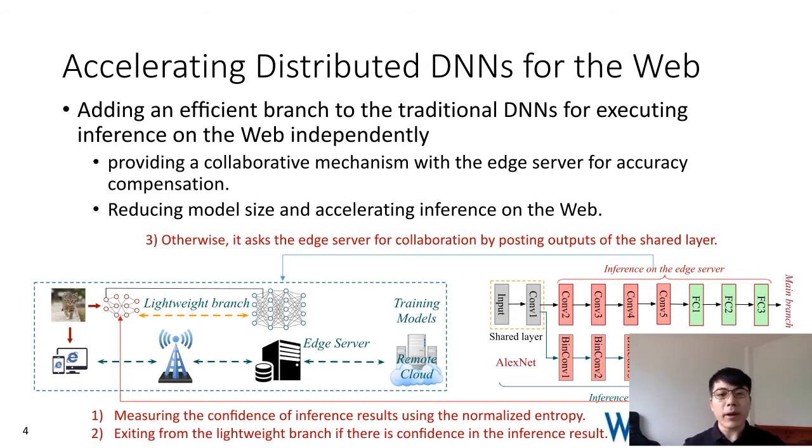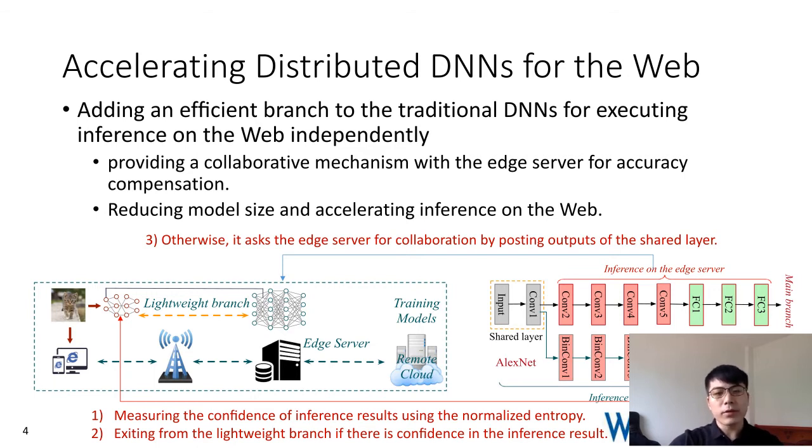Concretely, we add a binary neural network branch at the first convolutional layer of the traditional neural network, and it has the same structure as the rest of the traditional neural network. Thus, it's easy to design a lightweight DNN for the web, especially the mobile web, without rich expert experience and knowledge, which can also provide accurate compensation for the lightweight branch via a collaborative mechanism.